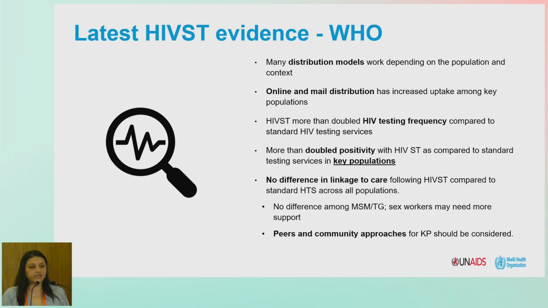It also increases the HIV testing frequency, actually doubles it as compared to standard testing methods. There is no difference in linkage to care, from once the person is screened for testing to when the person has to be linked to confirmatory testing or thereafter to treatment.